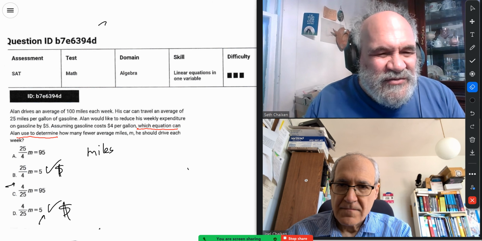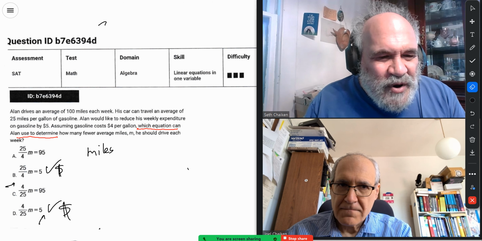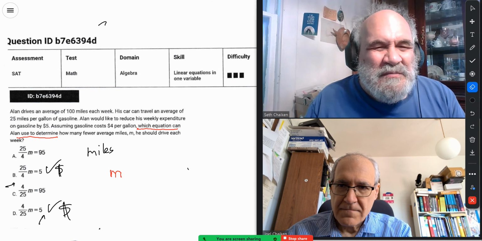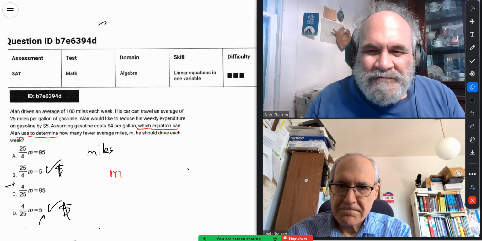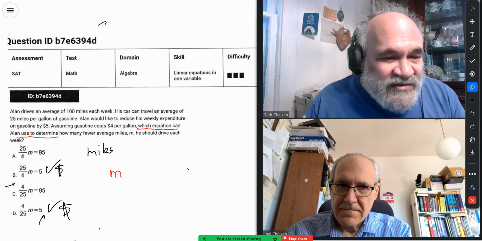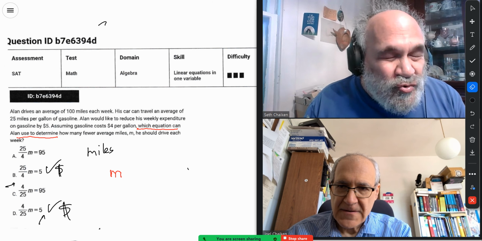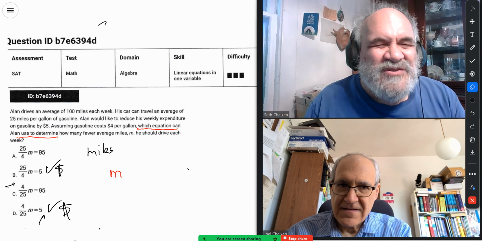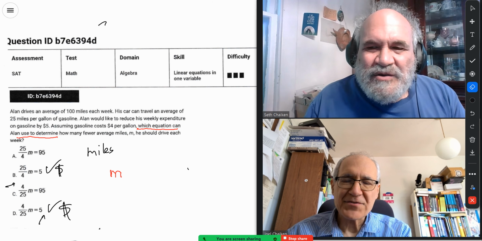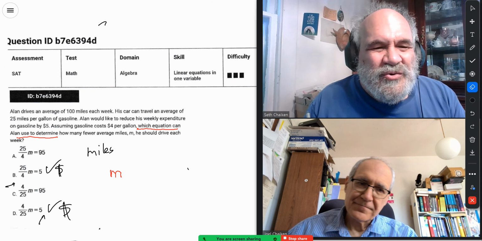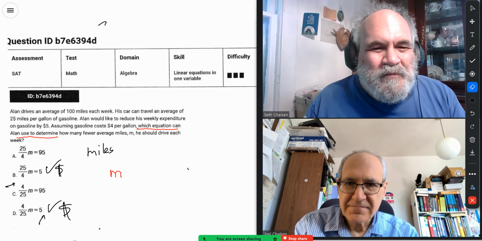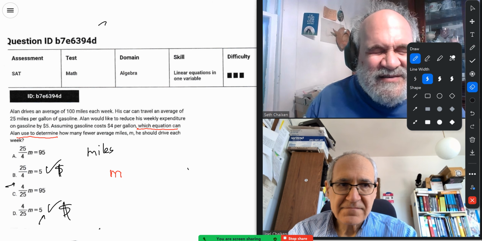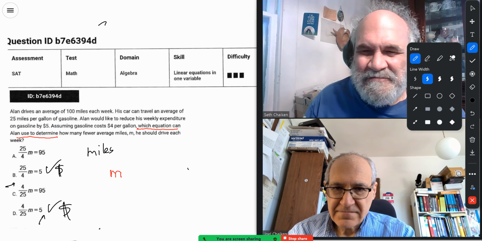So let's think of this. Suppose he drives M fewer miles. He wants to spend $5 fewer. So what we're going to do is convert the miles that he's saving into the dollars that he's saving.